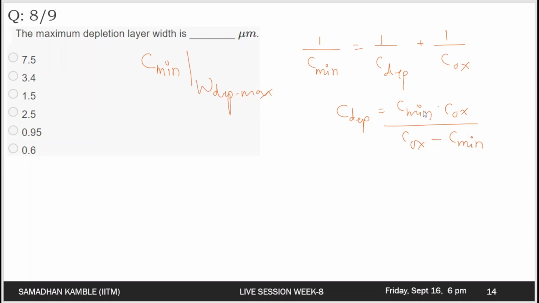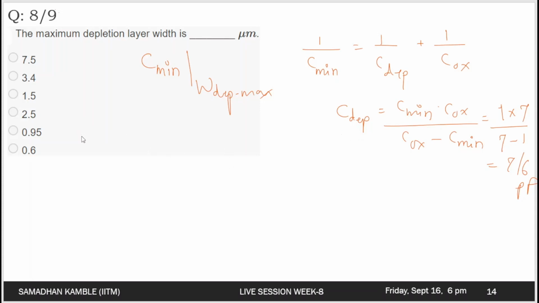Okay, so C min we know that is 1 picofarad. C ox, which is the maximum capacitance indeed, is 7 picofarad. So it is 1 times 7 divided by 7 minus 1. So it is 7 by 6 picofarad, indeed. We are talking of pico, we have substituted pico units here. So C dep we have got.